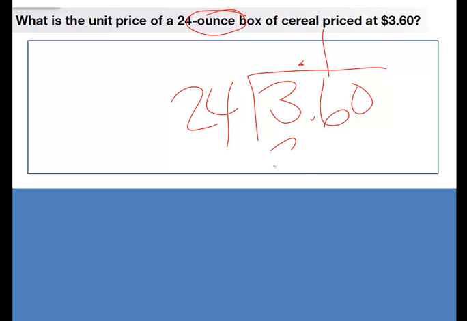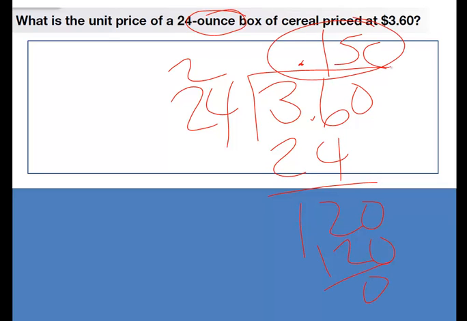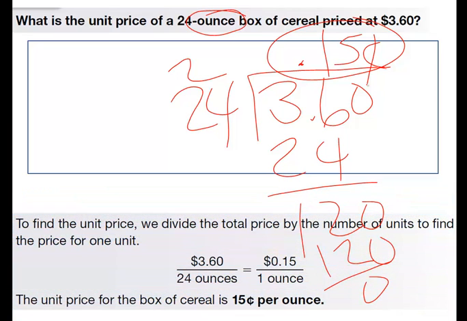I'm going to put my decimal in there. I don't want to forget it. I'm thinking that's about a 5 probably. 5 times 4 is 20. Yep, there we go. So 15 cents per ounce is the unit price of that cereal.